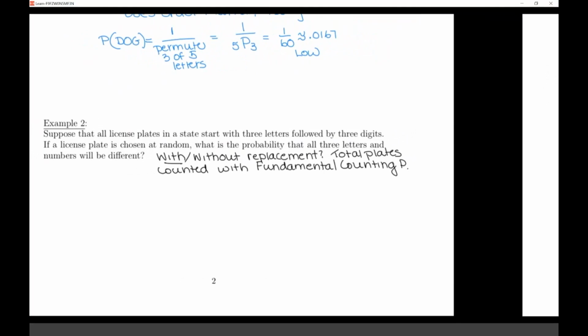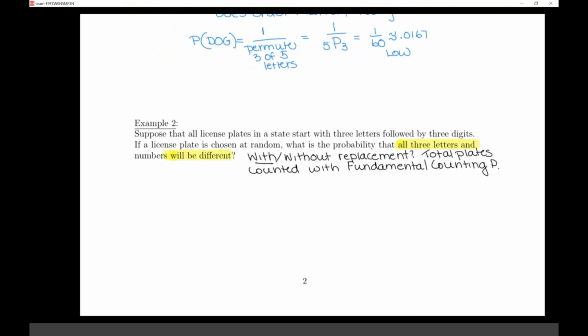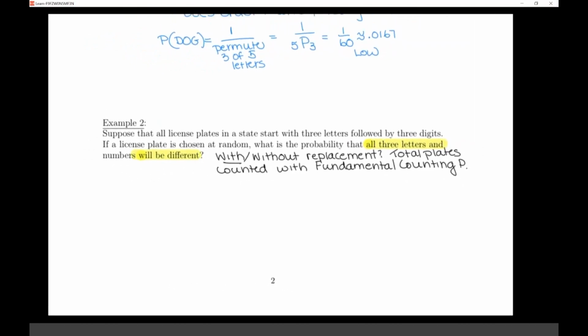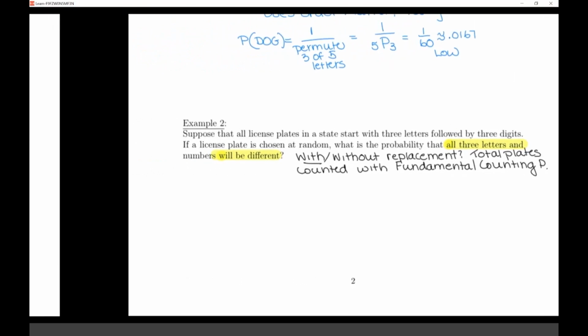Okay, let's take a look. All 3 letters and all 3 numbers will be different. So basically, as far as this is concerned, is this with or without replacement?